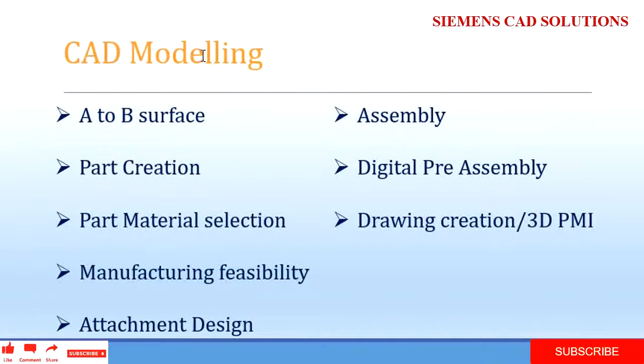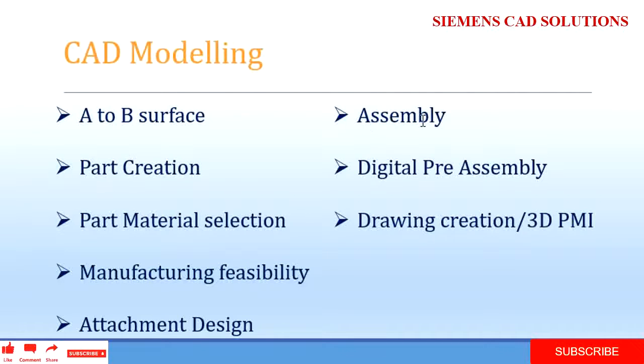The CAD team's main job is to create a B surface. They will create a volume part from A to B. Then they will create a part. Then they will go for the attachment of the part, and then material selection will be done in this design area, and then manufacturing feasibility and assembly between 2 parts.